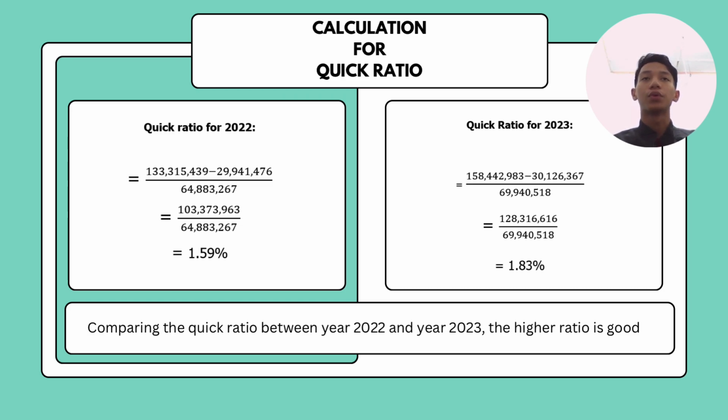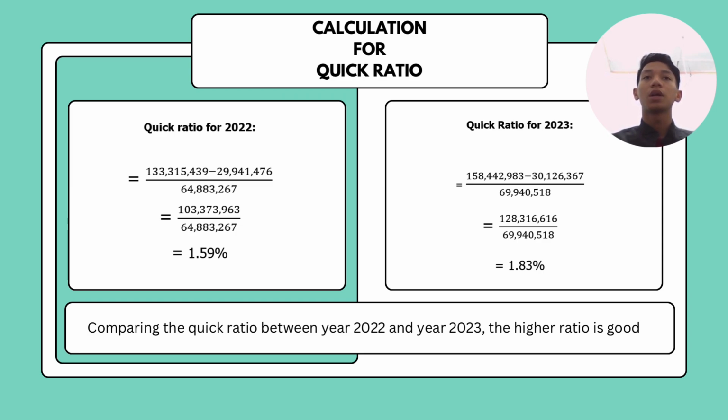So let's move to quick ratio for 2023. The current asset is 158,442,983 million. We minus the inventory, which is 30,126,367 million.